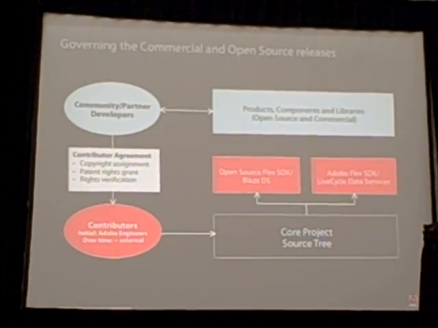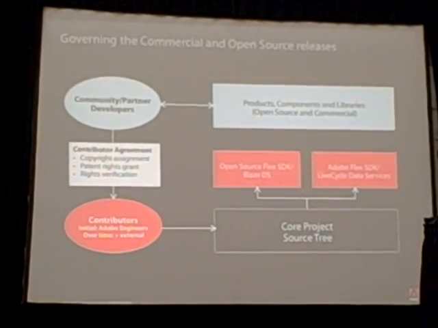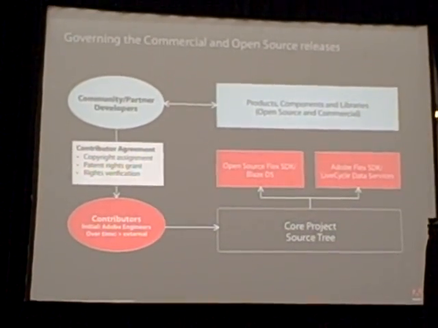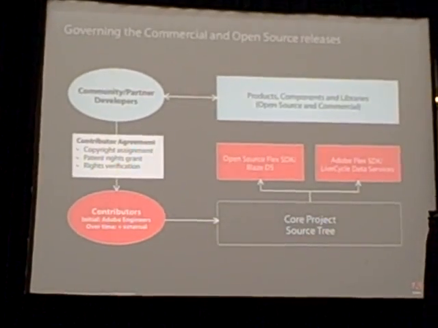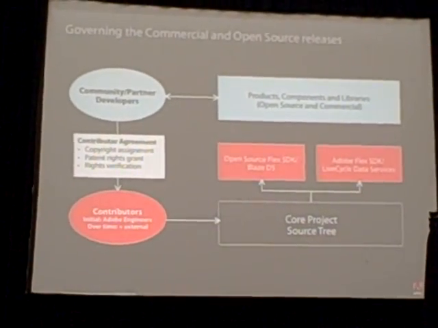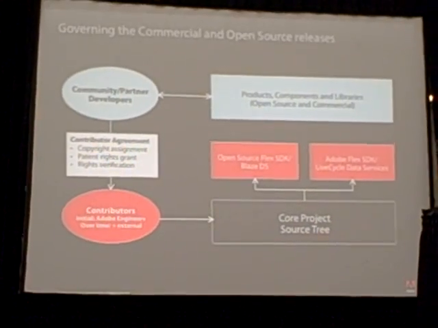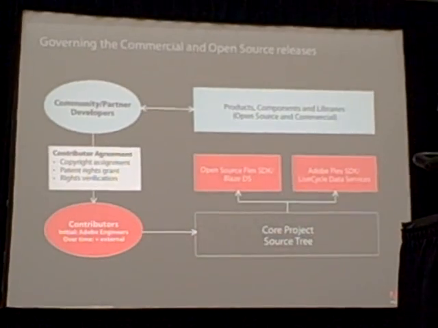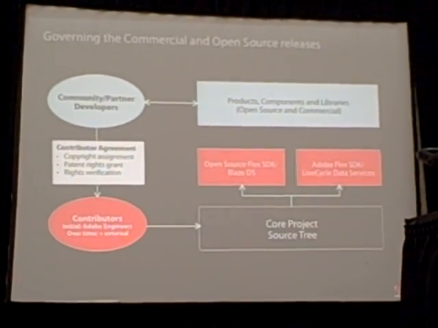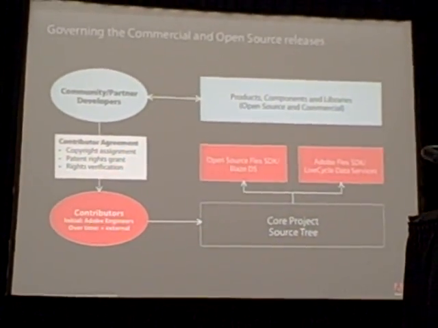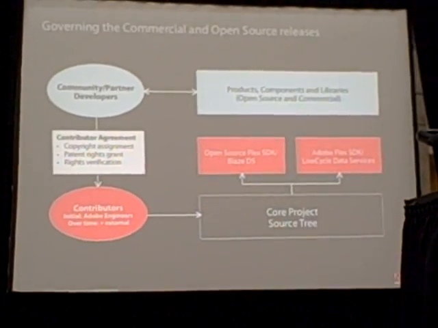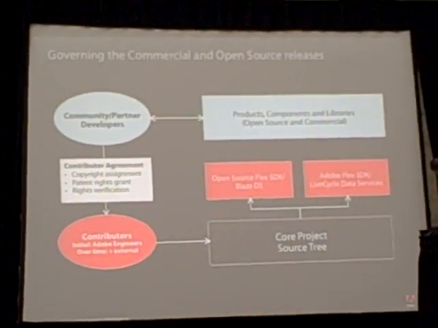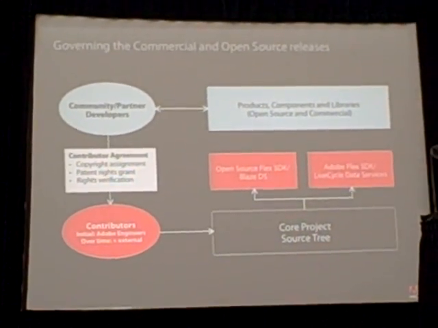Starting immediately, we want to enable contributors, and by contributors, we mean folks who will contribute in a number of ways. So people can contribute today right now by filing bugs, by answering questions on the forums, etc. But we also want to now enable a patch submission process so that if you fill out a contributor agreement, which just makes sure that we have certain rights to use your code, you have the rights to give us that code, etc. You fill that out, and then there's a workflow that gets enabled for you within Jira so that you can submit a patch to a particular bug.